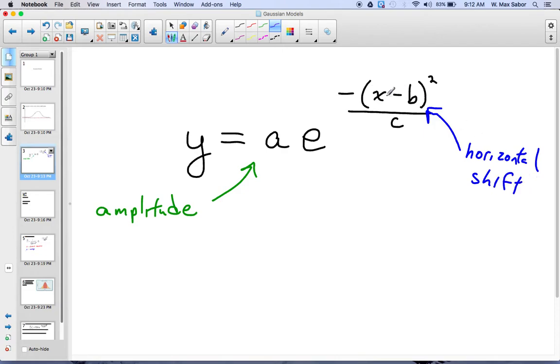And that should be familiar from moving it right, adding or subtracting inside moves things right. And then C, dividing inside is horizontal expansion.